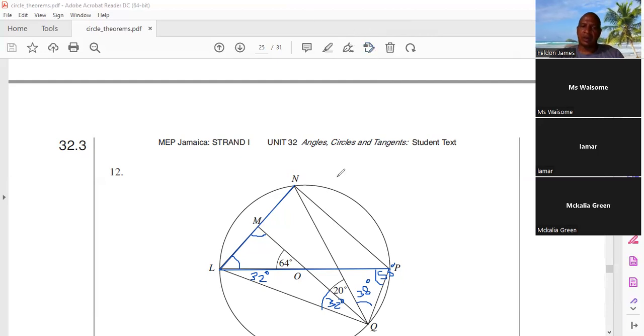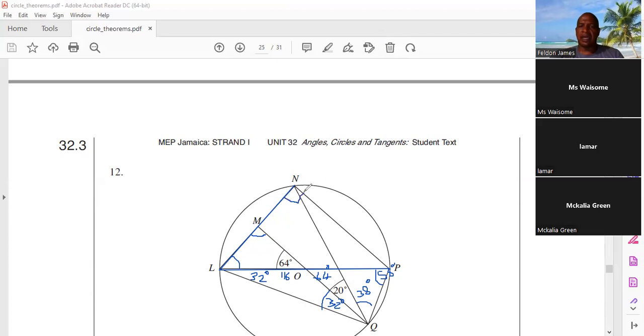So let us see what we know. We know that this is 64, and O was 116, and this was 160. Everything was correct. We know that this by itself would be 90 based on that being a right angle.